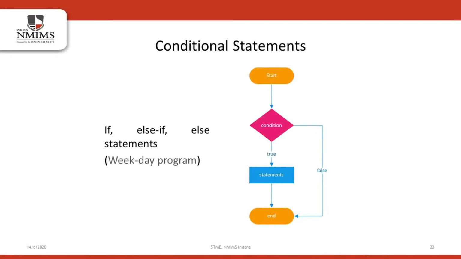If the condition is not satisfied, then the condition ends directly or the program ends directly and we don't go through the statement. Another example of if-else is as simple as checking if a number is even or odd. If a number is even, we go to the print statement that the number is even, else it will go to odd and we'll print that the number is odd. It's as simple as that.